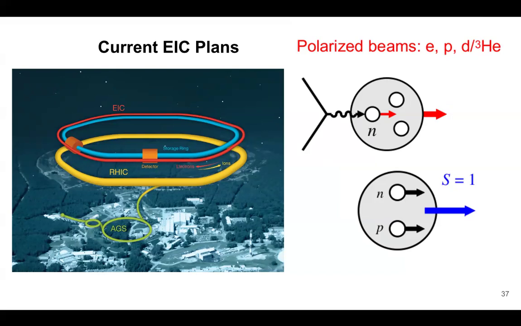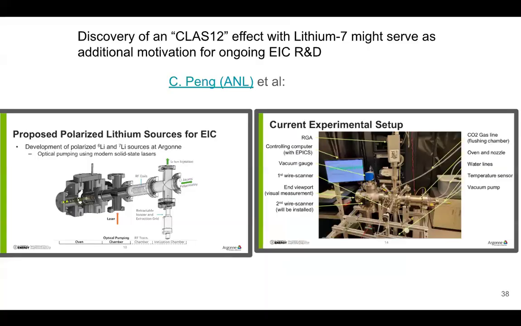tagged cross-sections on a deuteron and get neutron targets. I will not go into much detail, but there is no plan, at least now, to do something even more heavy than helium. That might change though. I was just checking recently some slides by Chao Peng from Argonne, and I realized they are actually working on a lithium source. It's becoming quite real, actually.